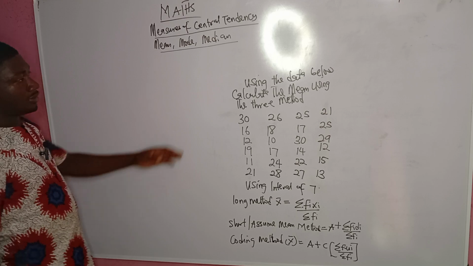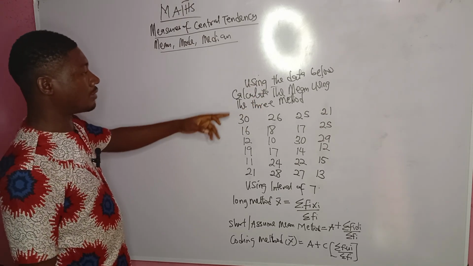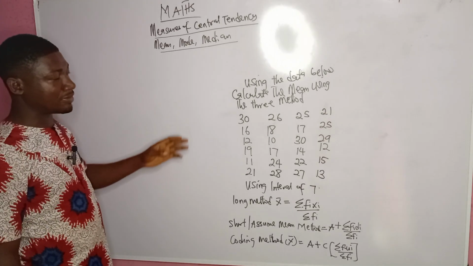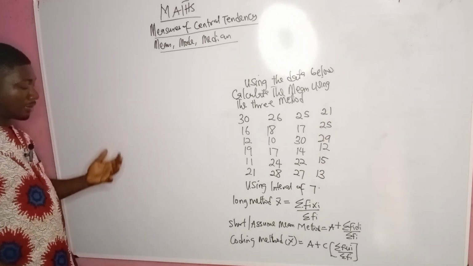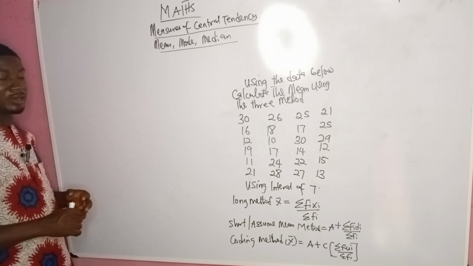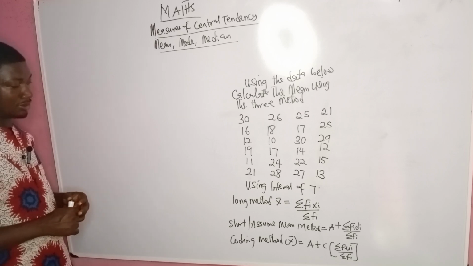Now, look at the question here. The question says, using the data below, calculate the mean using the three methods. When you see this type of question, it means you are going to use the long method, the short or assumed mean method, and the coding method.